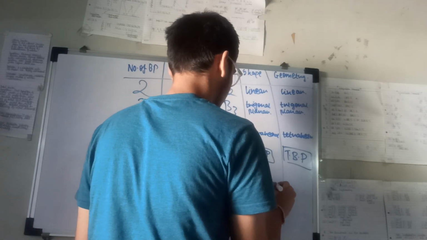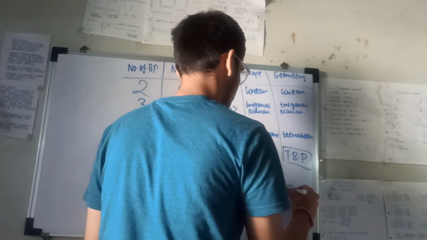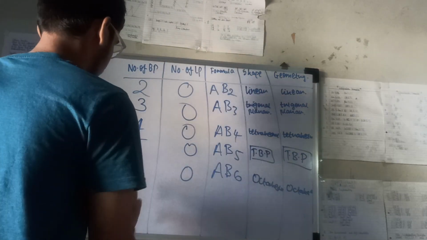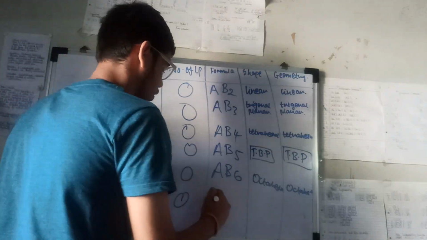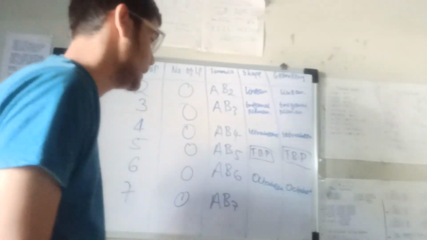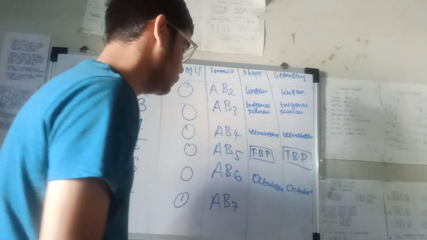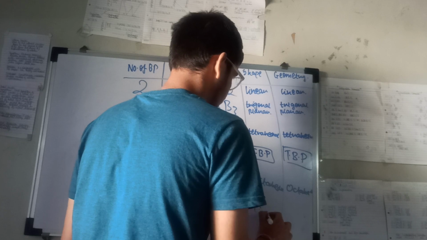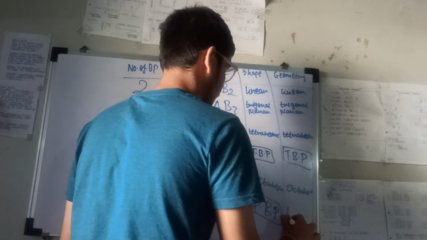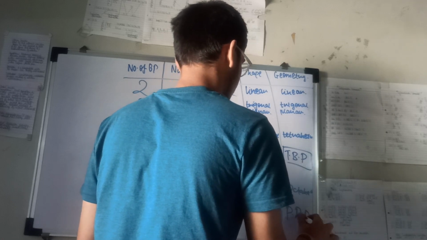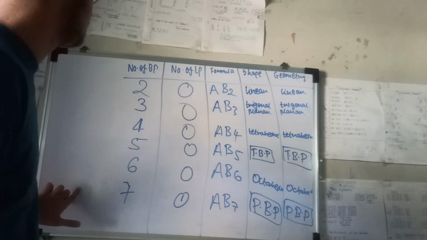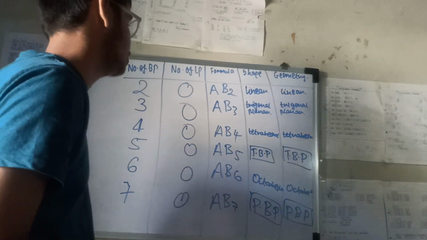Octahedral, here also octahedral. Understood? 7, 0, AB7. What is for 7? Pentagonal bipyramidal, PBP. Shape and geometry are the same if there are no lone pairs.